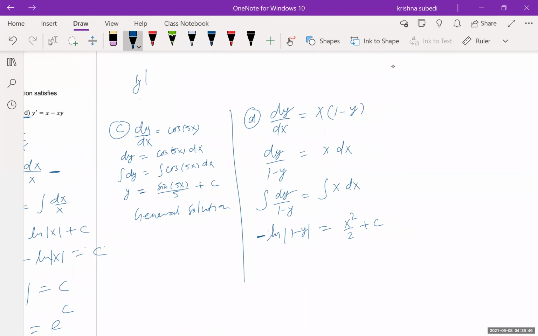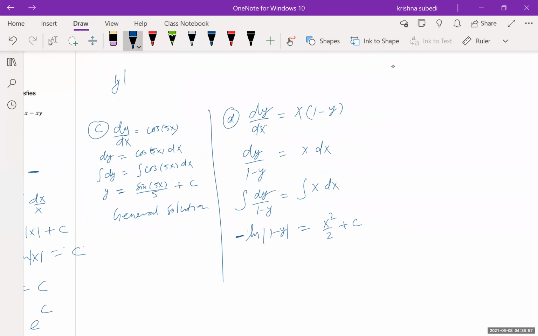So recall that the integration of dy over 1 minus y will be negative ln of 1 minus y, because I believe you memorized the formula. We proved it using the substitution rule before. If we are given the integration of 1 over b plus ax dx, then the integration formula will be 1 over a ln of b plus ax.